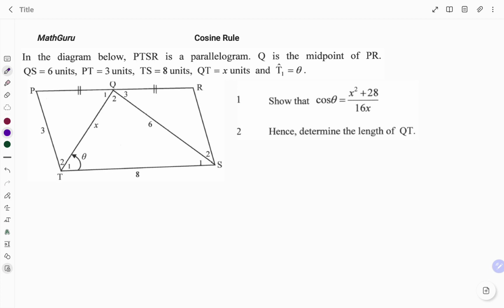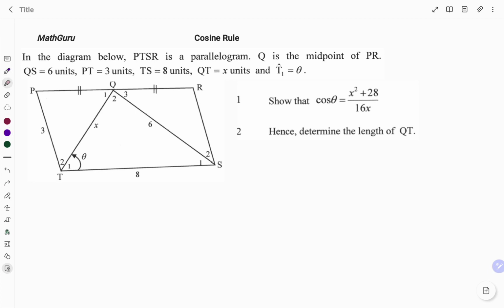In the diagram below, PTSR is a parallelogram. The point Q is the midpoint of the line PR, and QS equals 6 units, PT equals 3 units, TS equals 8 units, and the line QT equals x units. The angle T1 equals theta.